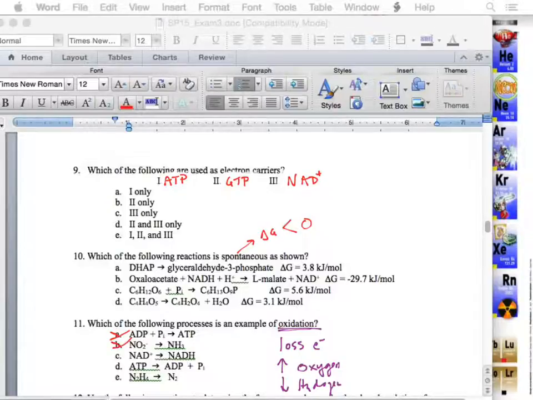NAD plus to NADH, we again gained hydrogen. ADP, being obnoxious again. Okay, what happened in E? Lost hydrogens. If I didn't gain oxygen, also being obnoxious. Both increasing oxygen and decreasing hydrogen are valid on their own. E is your answer. Make sense?